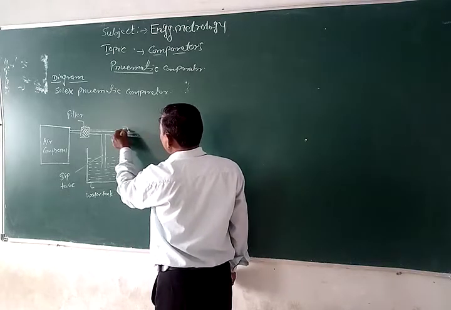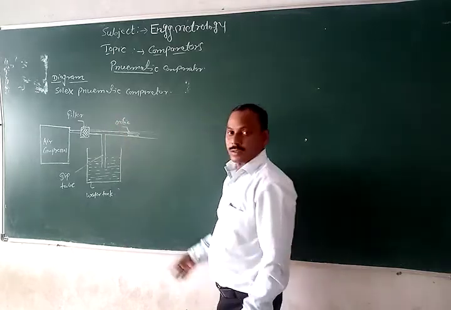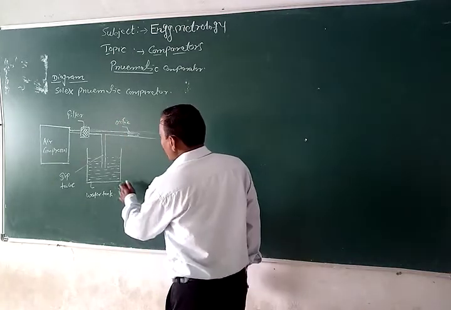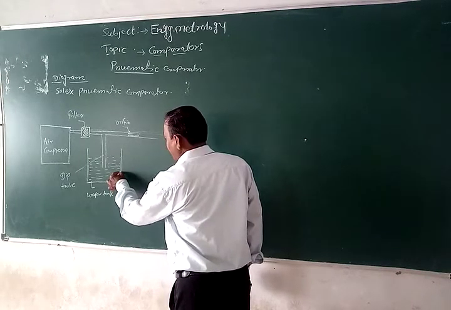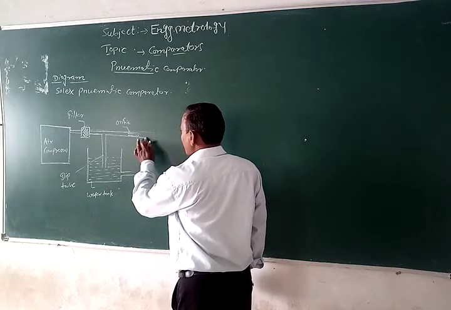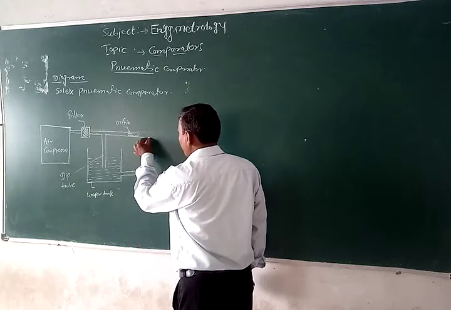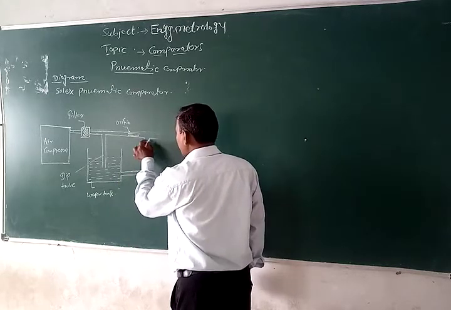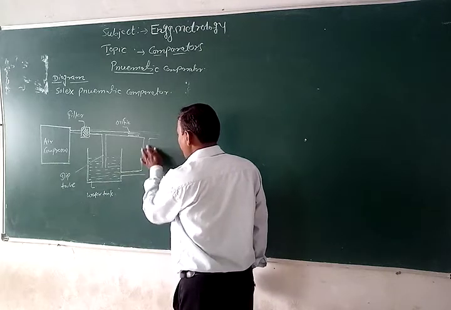Here is the orifice. Here is the control orifice. Now from this, the manometer is connected. Here is the connected manometer.